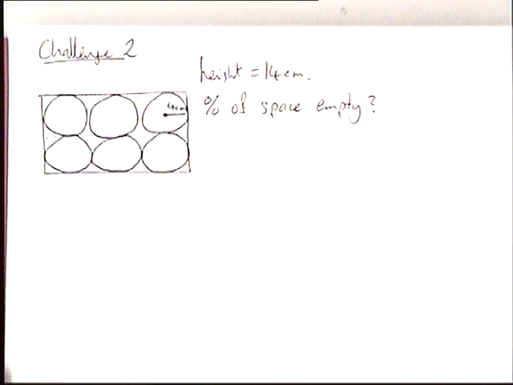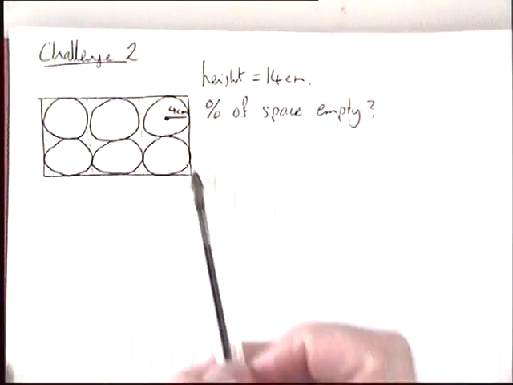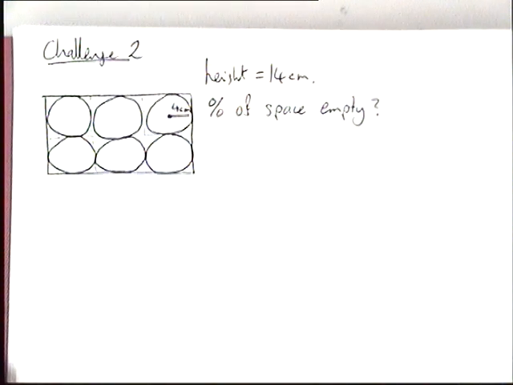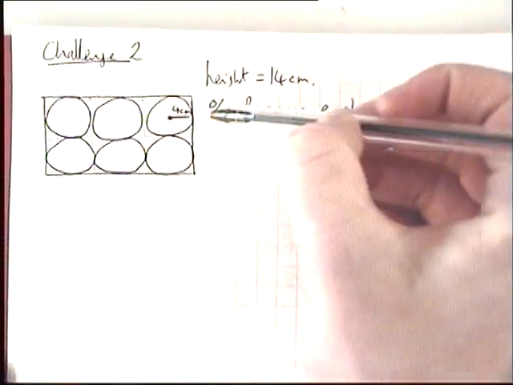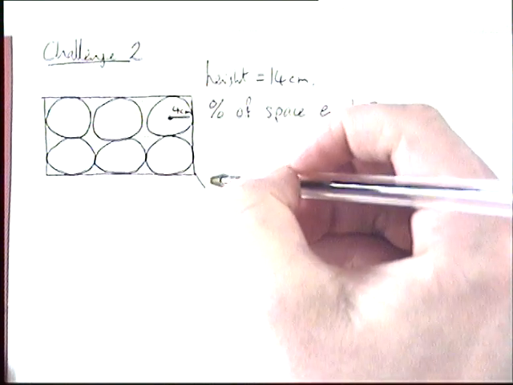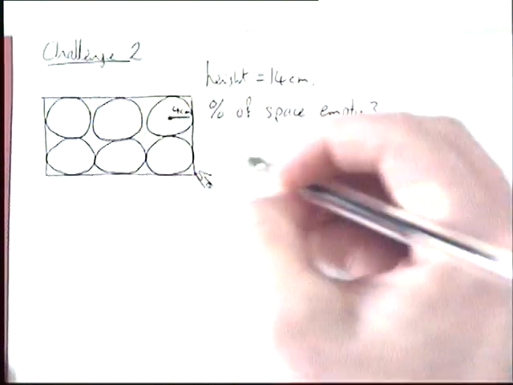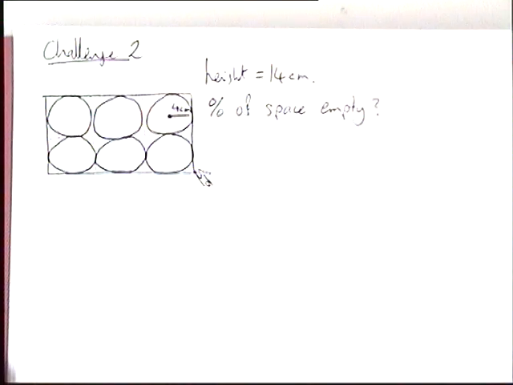And lastly, challenge 2. So we were given a crate with some cylinders inside of it. We were told that the radius of each cylinder was 4 centimeters. The height of the box was 14 centimeters. So we know that each cylinder is 14 centimeters tall and the box was the same. Now we needed to work out the percentage of space inside of the box that was empty.